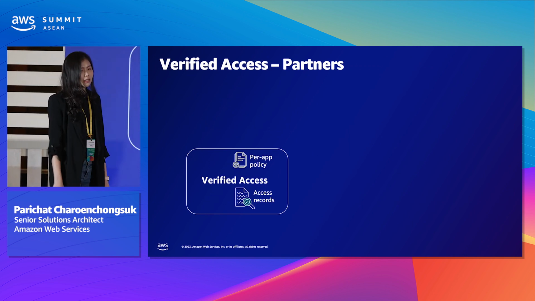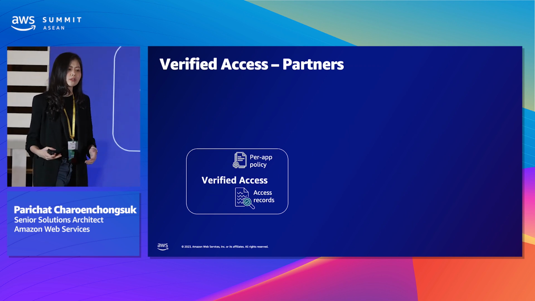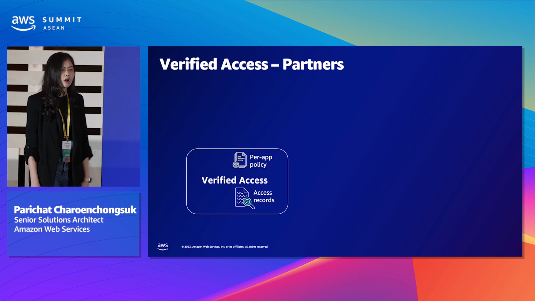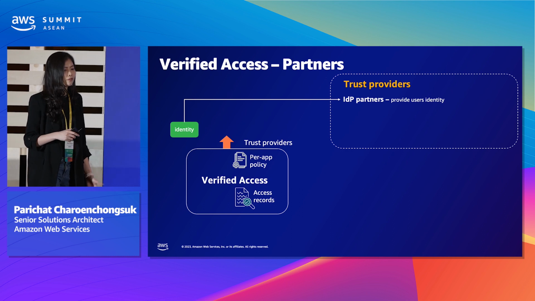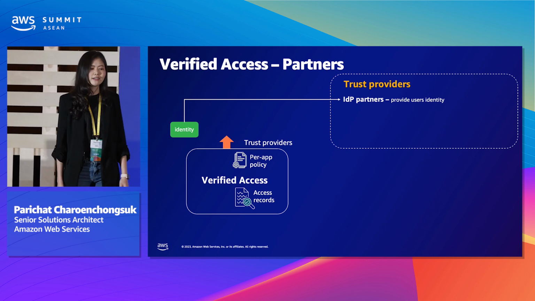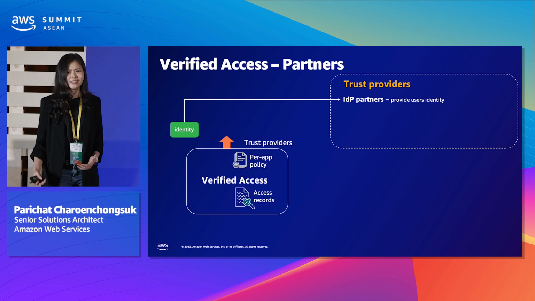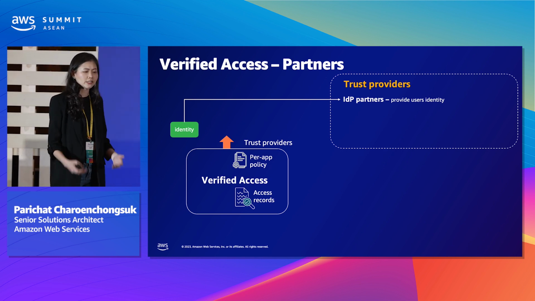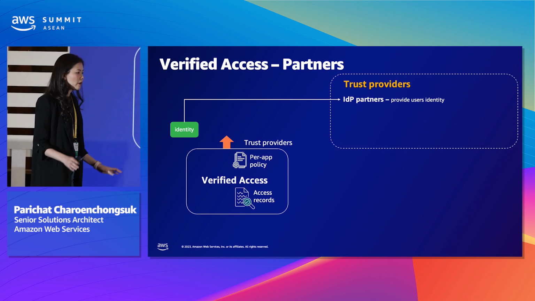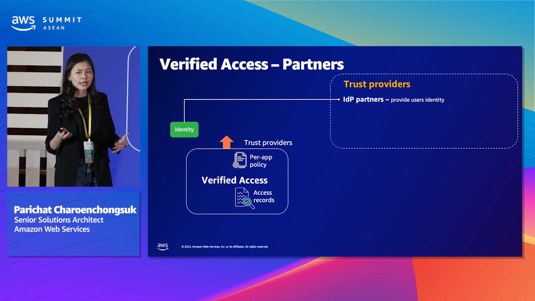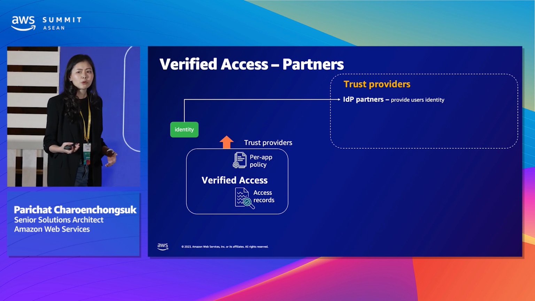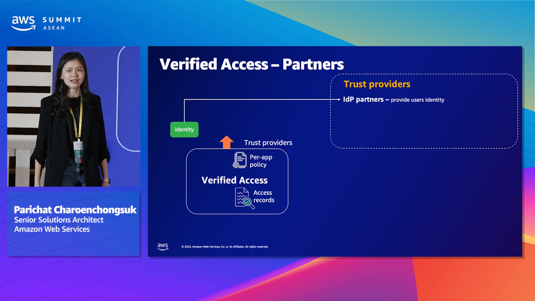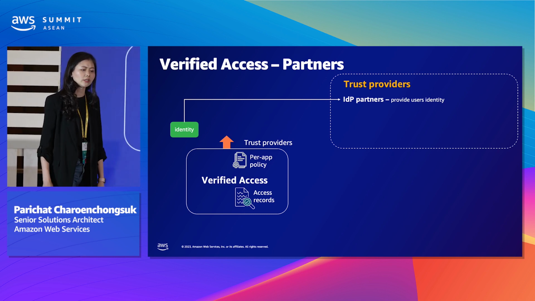So let's talk about our partner roles with Verified Access. We essentially have three sets of partners. First, trust providers, like identity providers, where you can manage users in your organization. We are working with major identity providers, helping them integrate with AWS Verified Access using standard protocols.